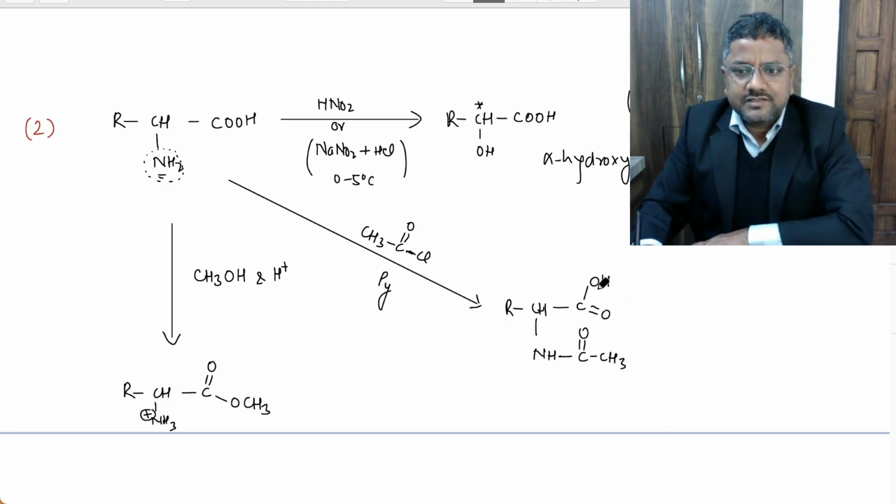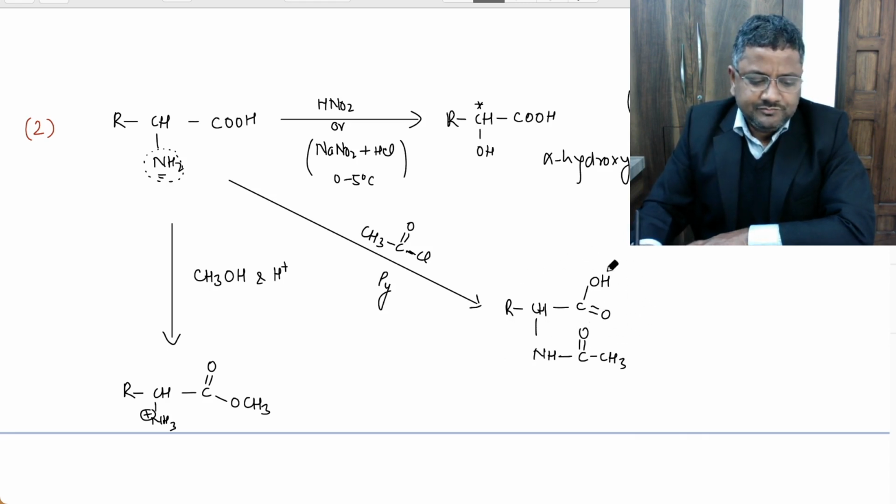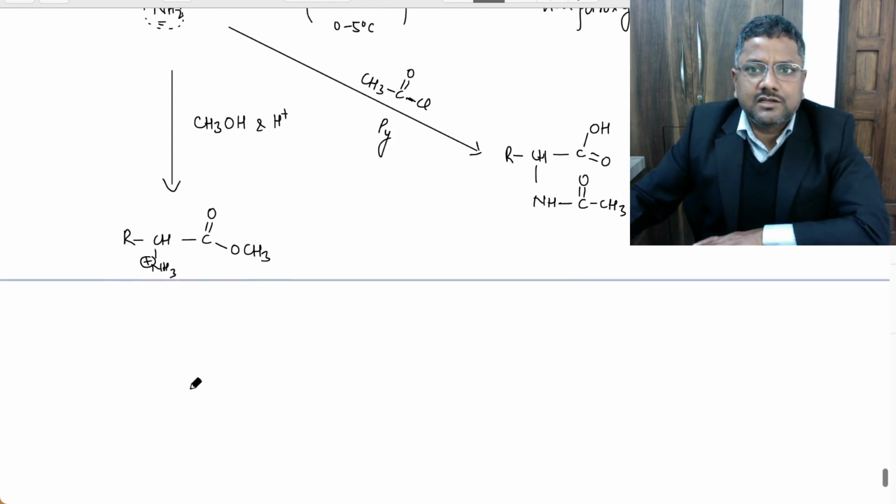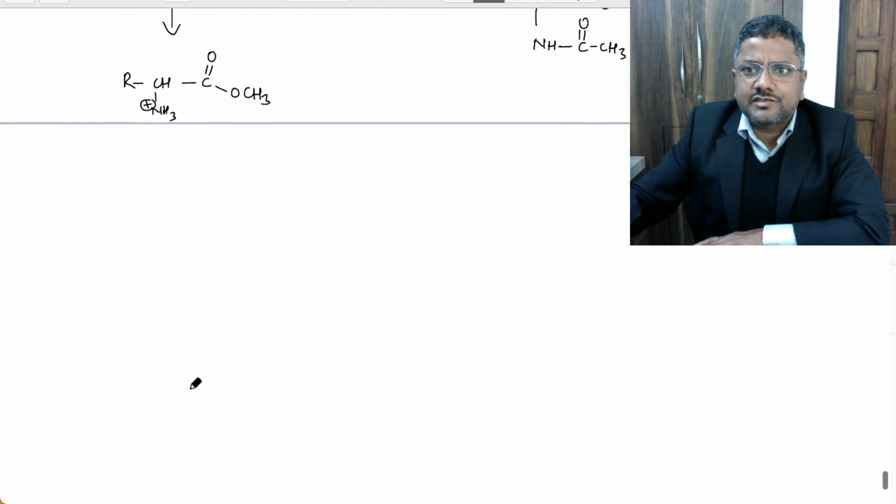So this is the acetylated derivative of this alpha amino acid. So these are some general reactions.